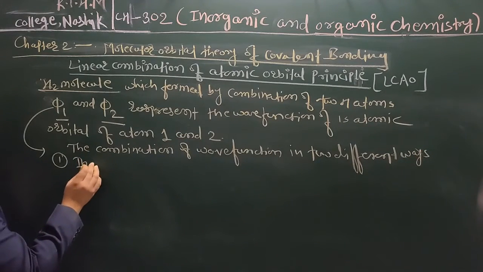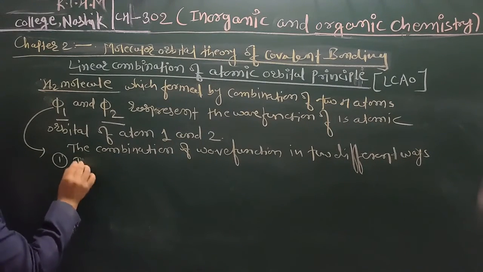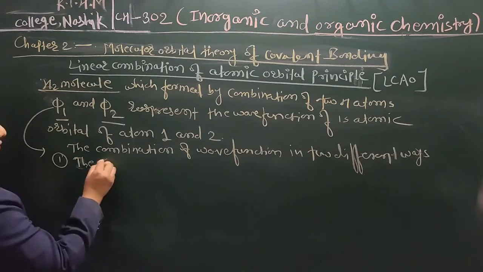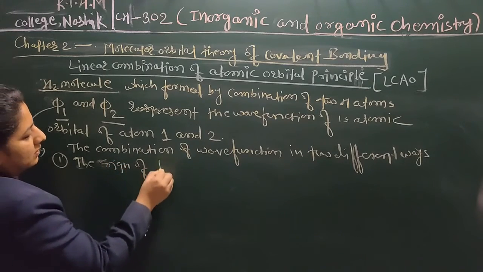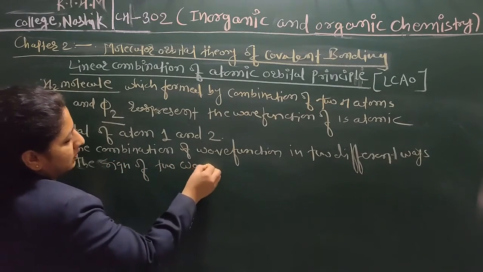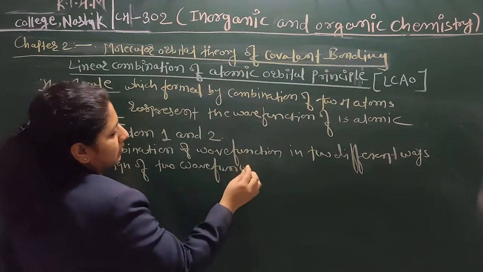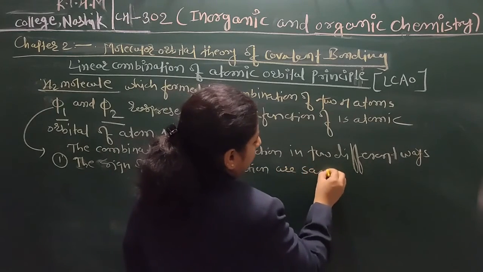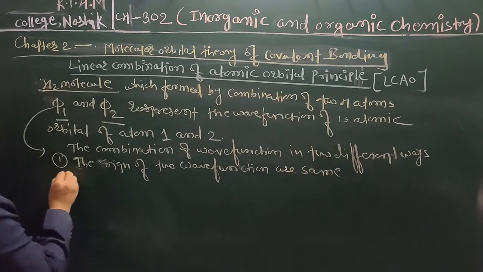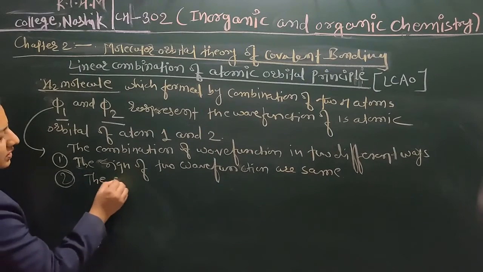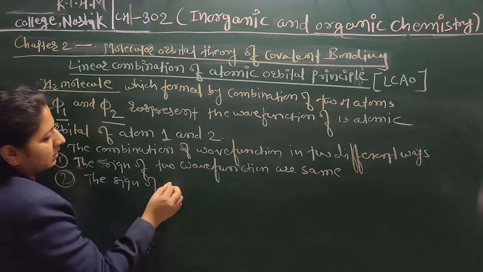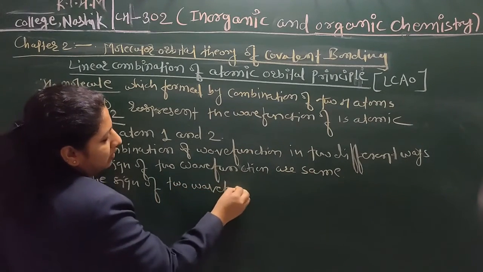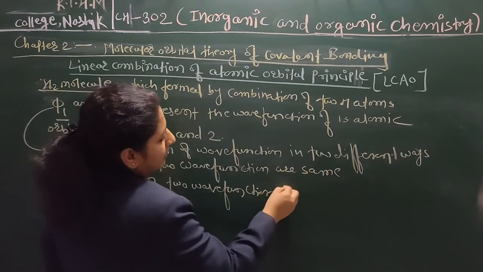In the first way of combination of wave functions, the signs of the two wave functions are the same, and in the second, the signs of the wave functions are different.